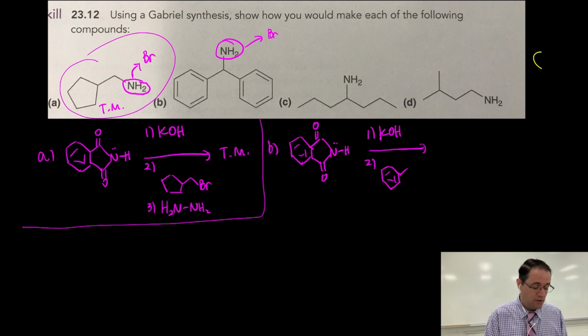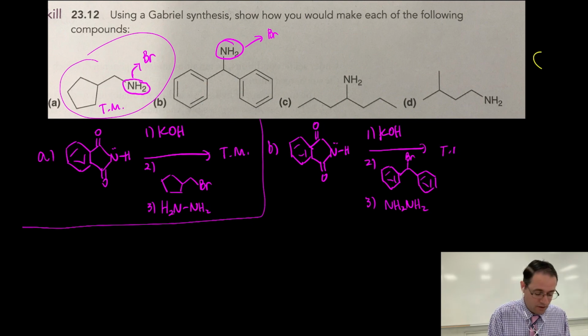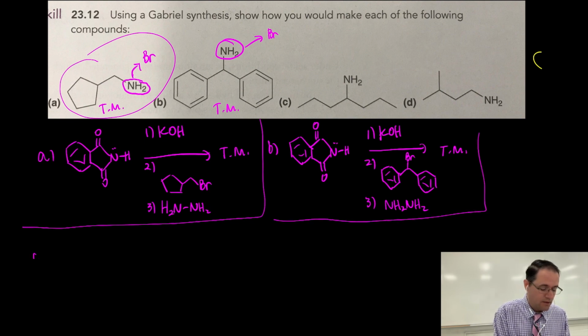Step 2 would be your molecule with the 2 phenyl groups here. Put the bromine there. Step 3, you're going to add your hydrazine. And that's going to get the target molecule depicted for part B.